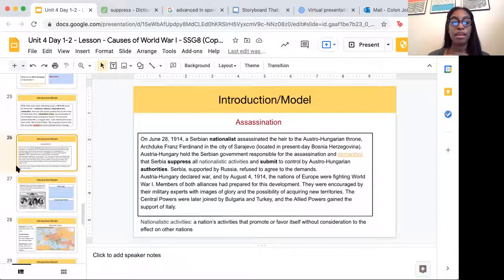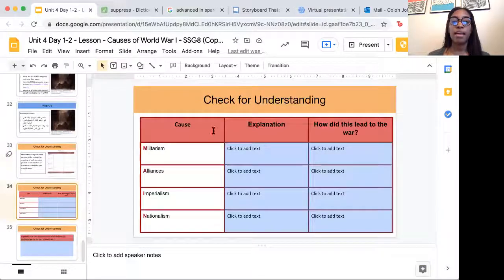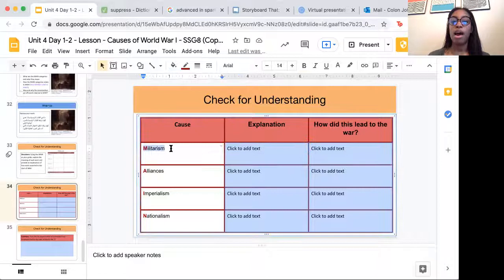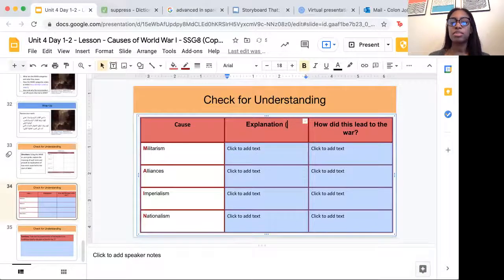Then for the checking for understanding part, you have the causes, the explanation. How did it lead to the war, right? So the explanation is how, right? Well, not the how. This is this part. I'm sorry. What I mean by explanation is, and we can offer, because the students might be like, what did they mean by an explanation?